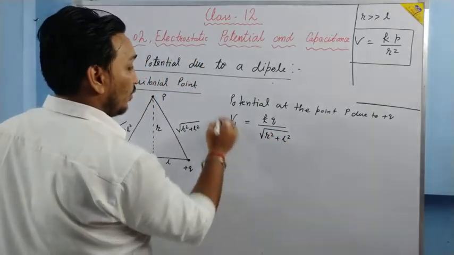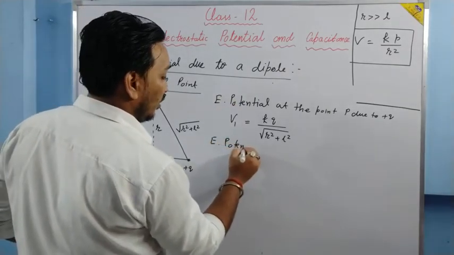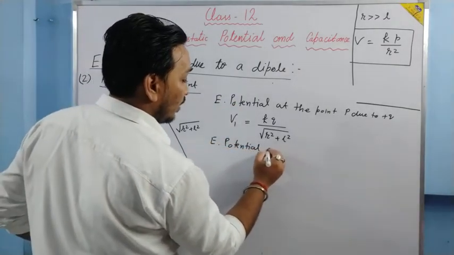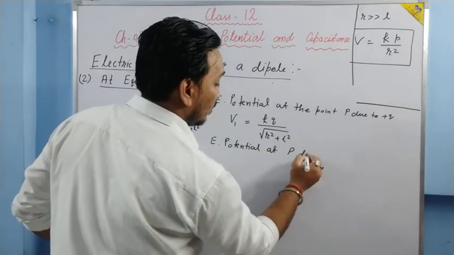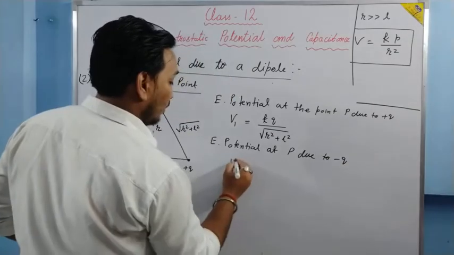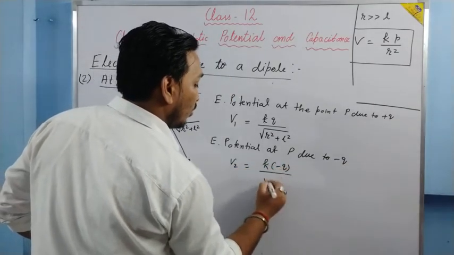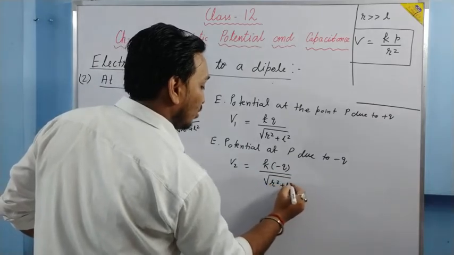And the potential at P due to minus Q, V2, is equal to K minus Q upon under root R square plus L square.